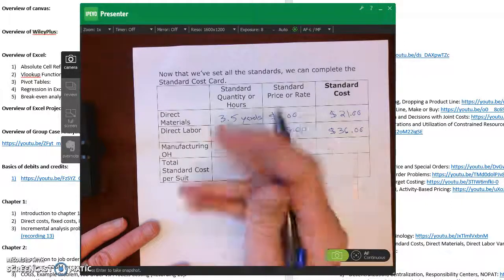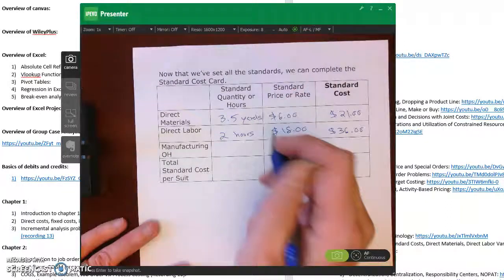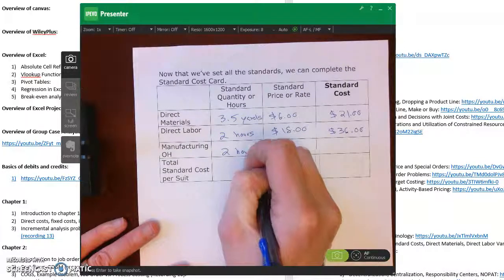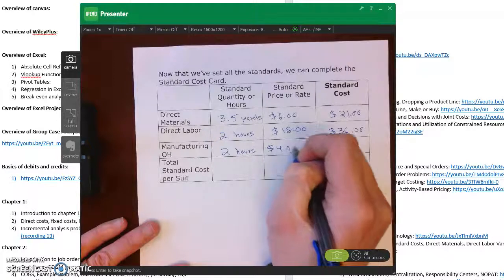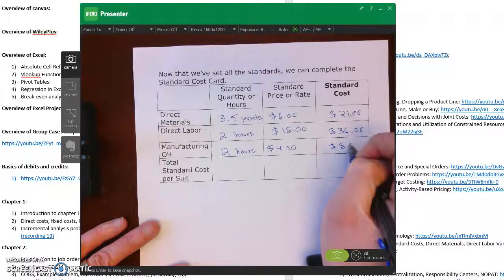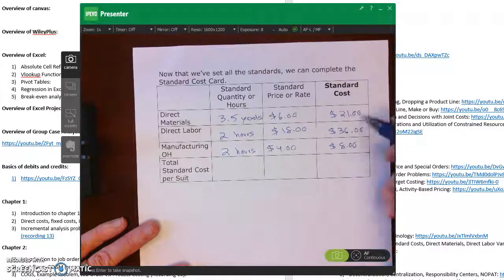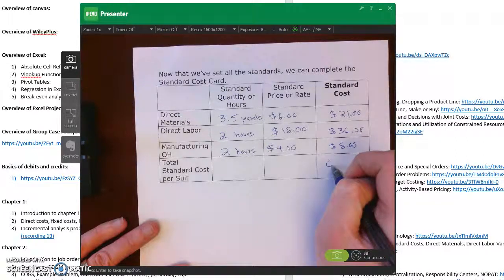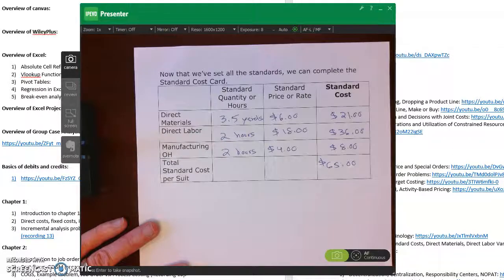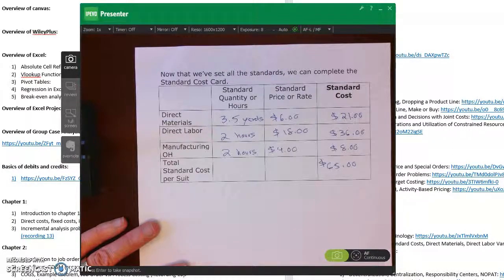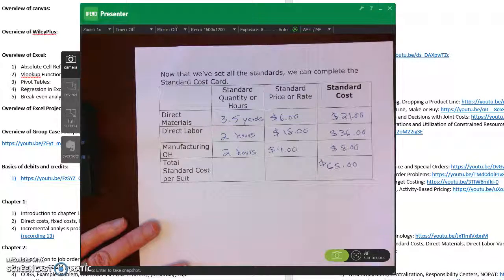Our manufacturing overhead was applied on the basis of direct labor hours. That's 2 hours, and it was our $4 per hour, which gives us $8. So then when we add up all these, each suit should cost us $65. Okay? Each suit should cost us $65.